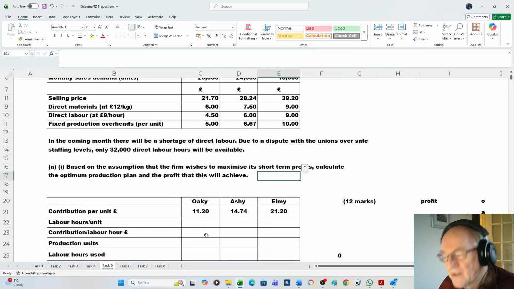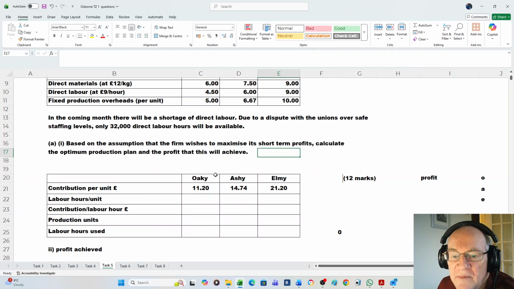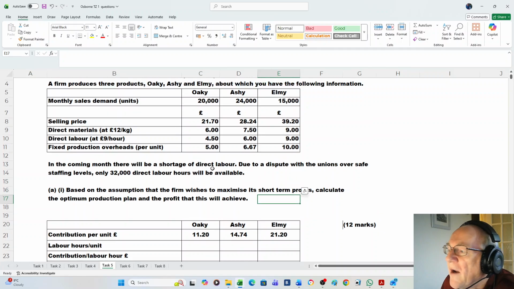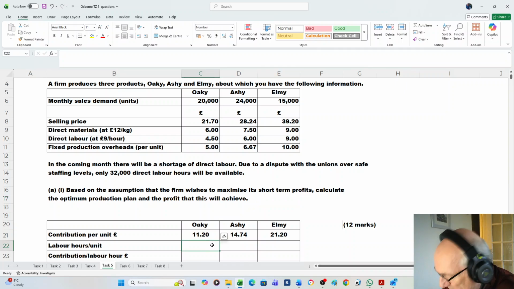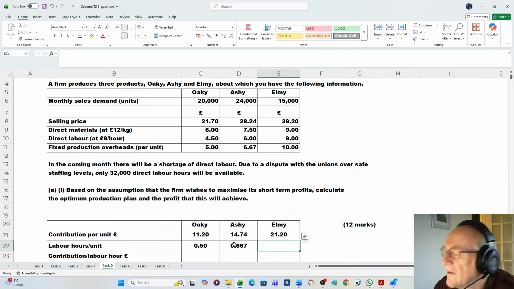Okay, well it wouldn't be a good question if when we did the contribution per labour hour, because they shortened labour hours, it wasn't the other way round, and lots of other options. So the labour hours per unit, again we've got to calculate it because it's £9 an hour. That's going to be 0.5, I'm going to worry about that one, and that one's £2/3, £7.50 over 9.